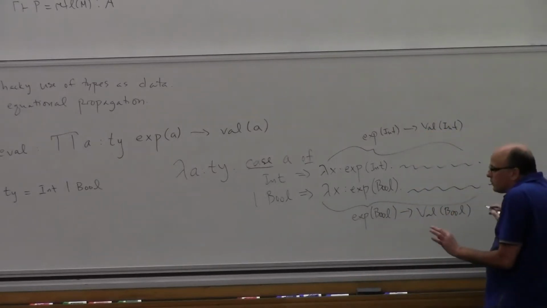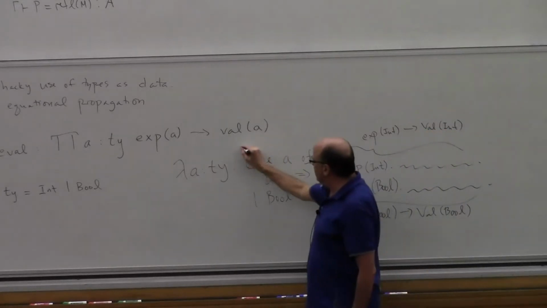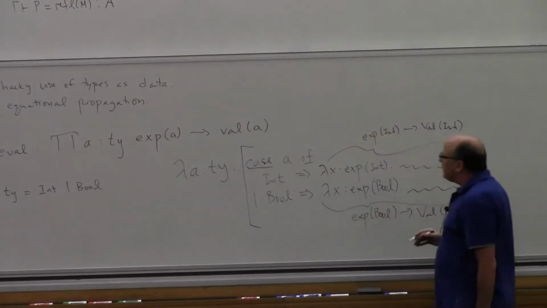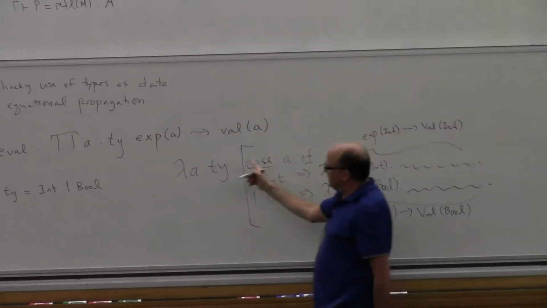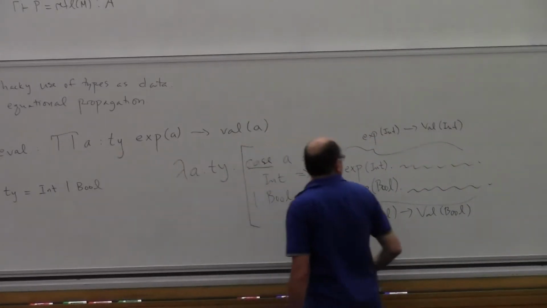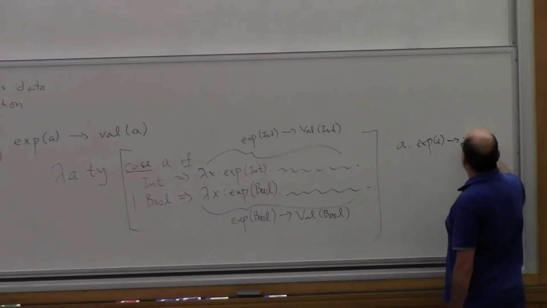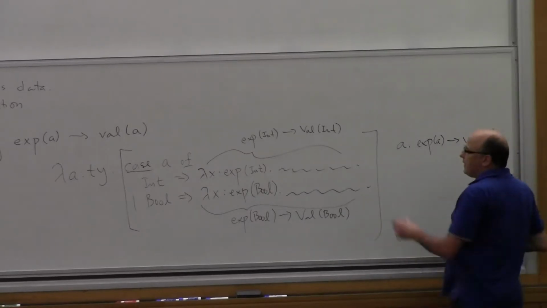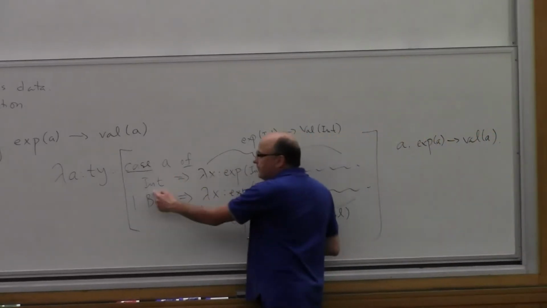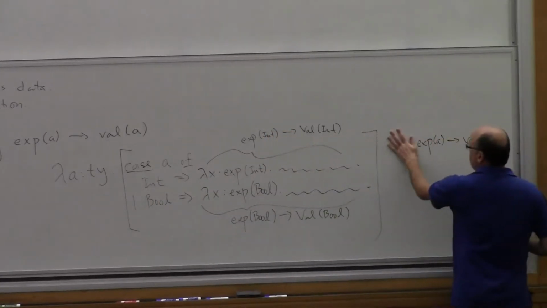But the crucial point is, look at the dependent typing rule for case. It'll have a motive, and the motive we'll use will be essentially a dot exp of a, arrow val of a. And then when you're doing a case analysis, when you're in this branch, you specify the motive to be a.